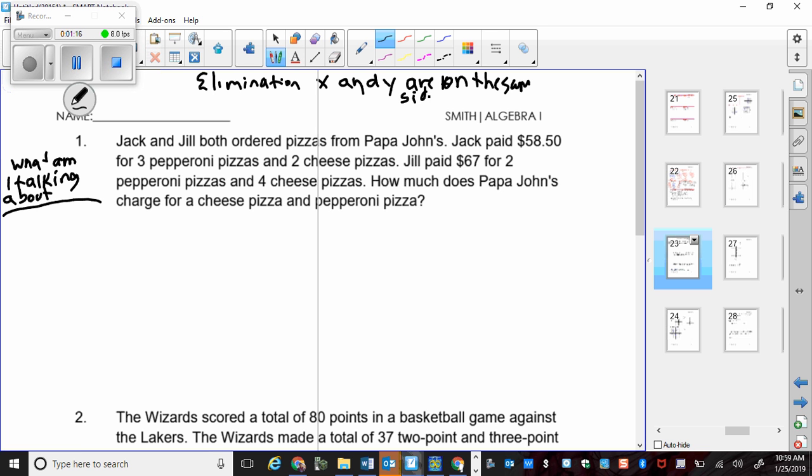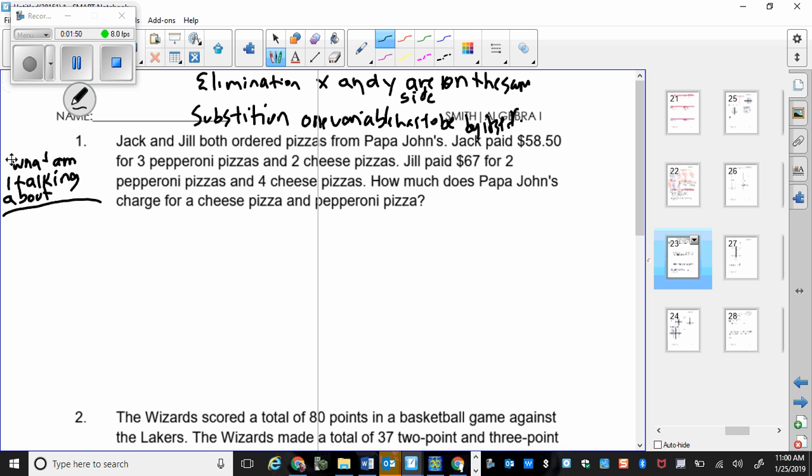When we're solving these systems, if we're using substitution, one variable has to be by itself, right? But we don't know yet. And sometimes we might have to do a little bit of work. We might have to push something on the same side, or we might have to put a variable by itself. But let's get there first. So let's figure out what we're talking about. Let's read through the problem.